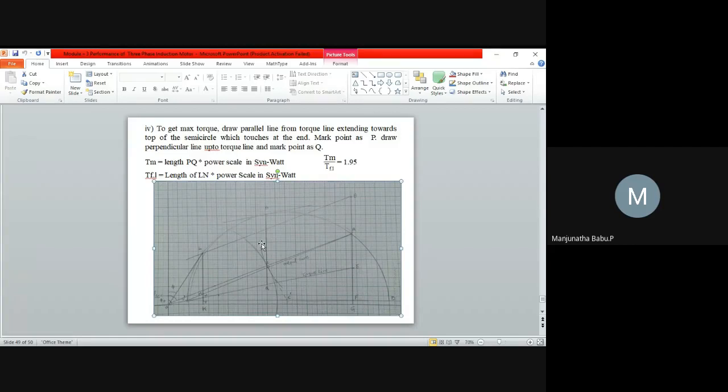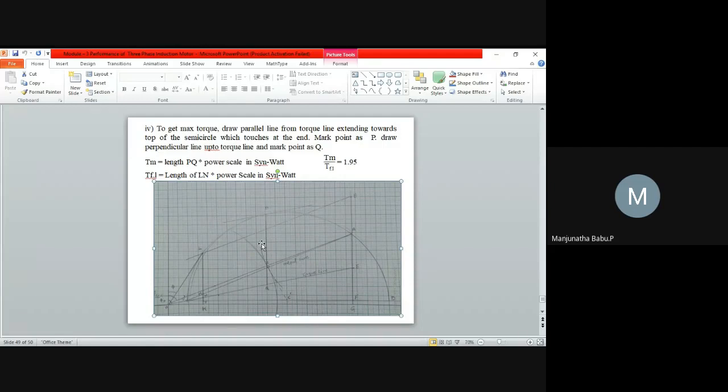As per my calculation, I'm getting it as 8.2, no problem. Note down those values. So that is the maximum torque value, that is the length of PQ.